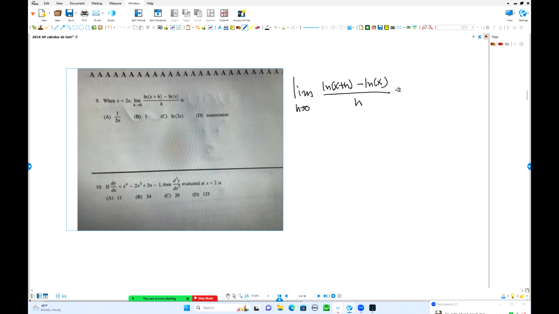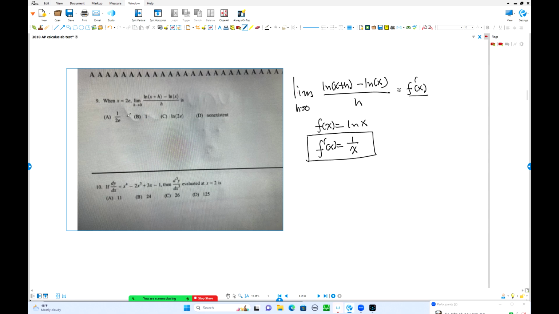Okay. What is this one? If f of x equals ln x, this is what, f prime x, right? The definition of f prime x. So what is f prime x from here? F prime x equals 1 over x. Are you okay with this?